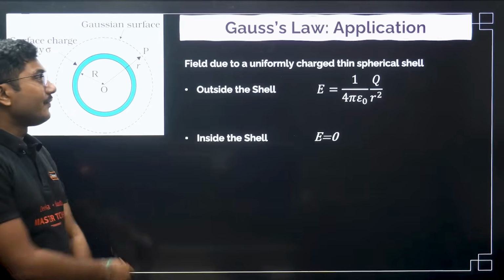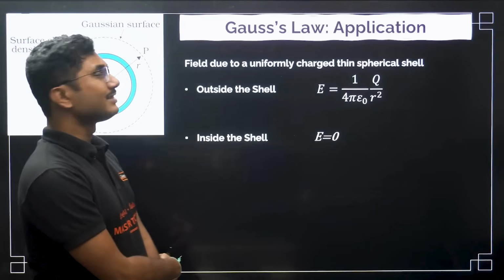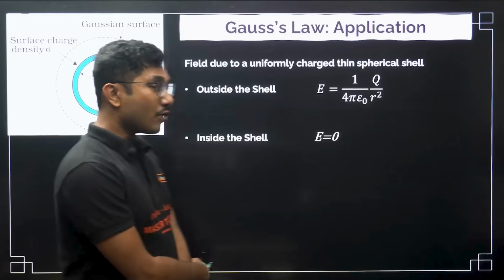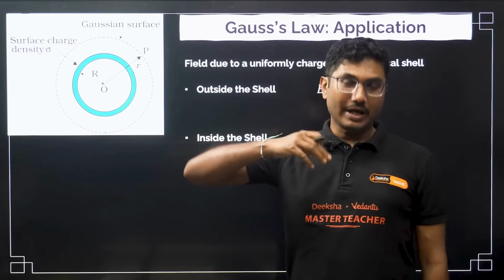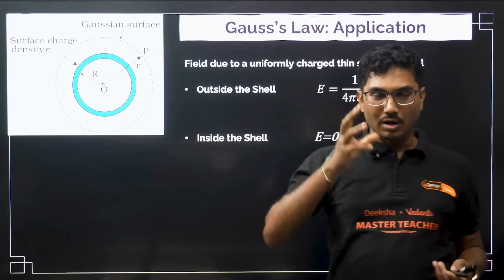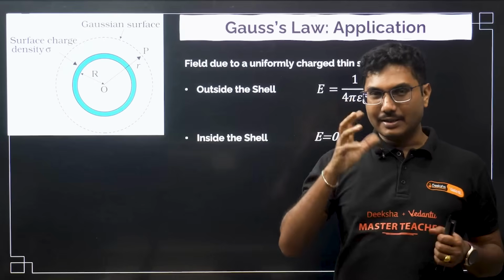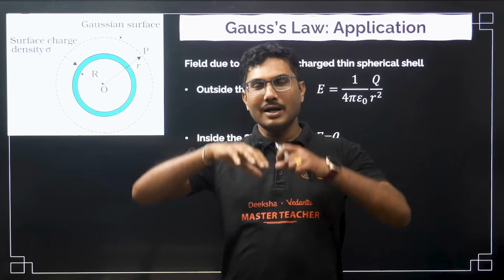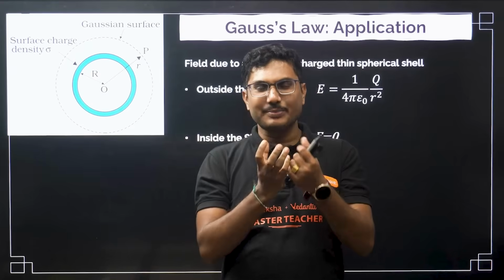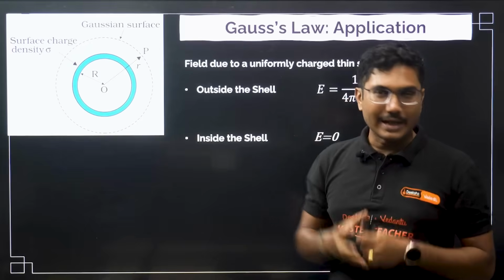Field due to a uniformly charged thin spherical shell. Shell means it's like an egg, or you can consider a plastic ball. Inside the ball it's completely empty, only air is present, but the hard material is present as the ball that you can see.